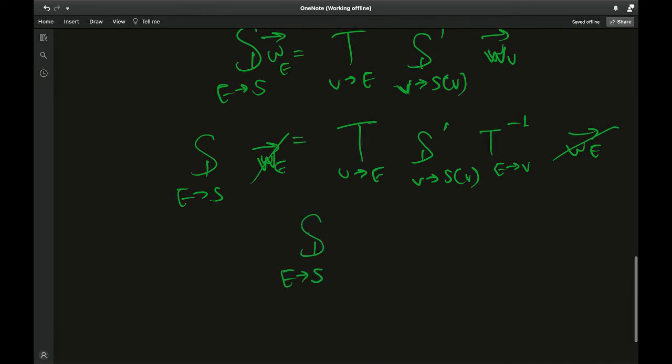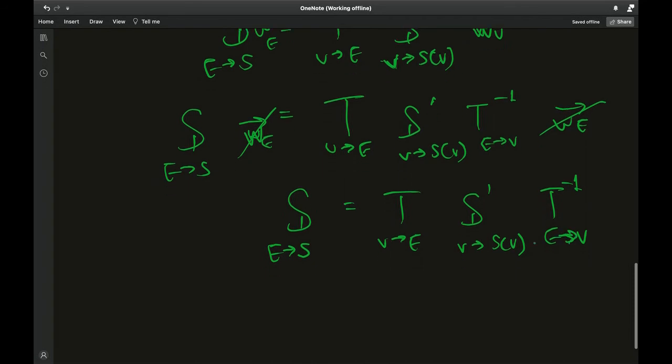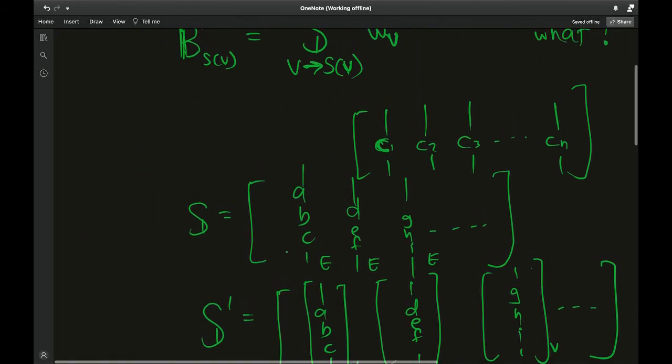Boldface S from E to S is equal to T from V to E, of boldface S dash from V to S of V, times T inverse from E to V. So the boldface S dash that we were trying to find is actually T inverse from E to V, S from E to S, and T from V to E. That's the formula for our boldface S dash.